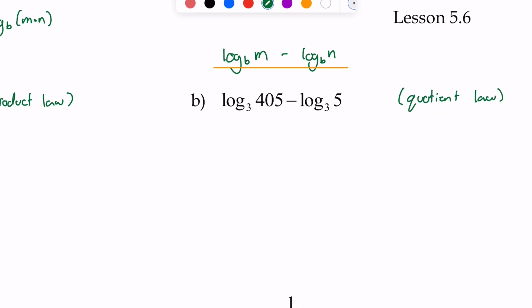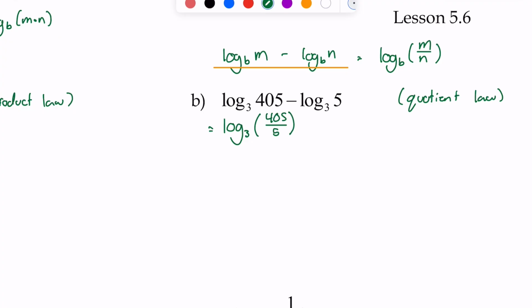And the quotient law is where I just take the same base and I take whatever my first number is, in that case it'd be 405, and I divide it by the second number, which would be 5 in this case. So that would be log 3 of 405 over 5.